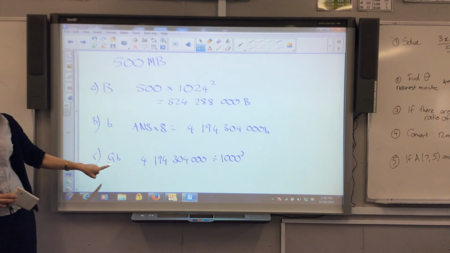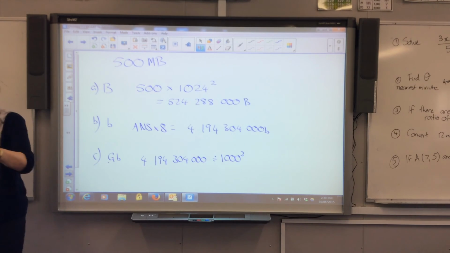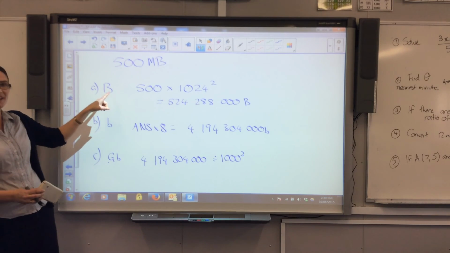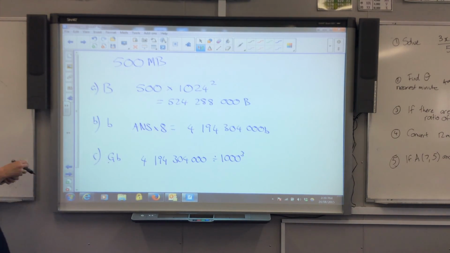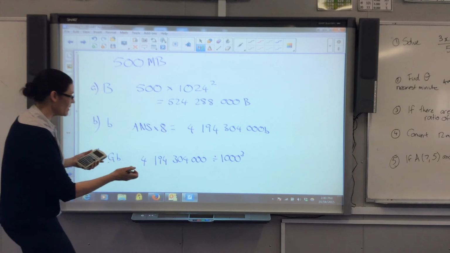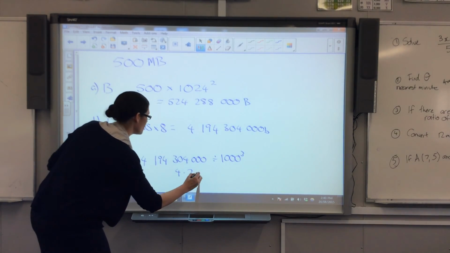Little b, bits, is normal, 1,000. Capital B is bytes, which is 1,024. So you've got to get clear in your head. That's tricky. Okay, so if I divide by 1,000 cubed, I get to 1 decimal place 4.2 gigabits.